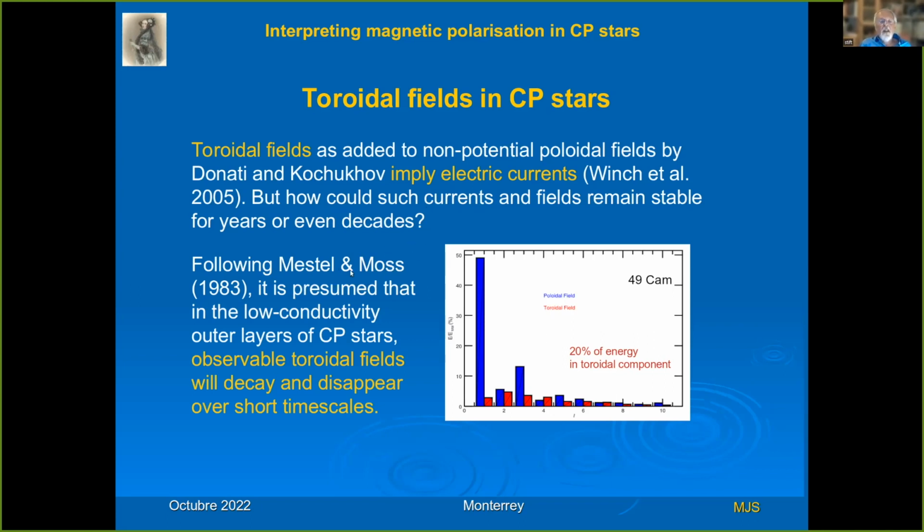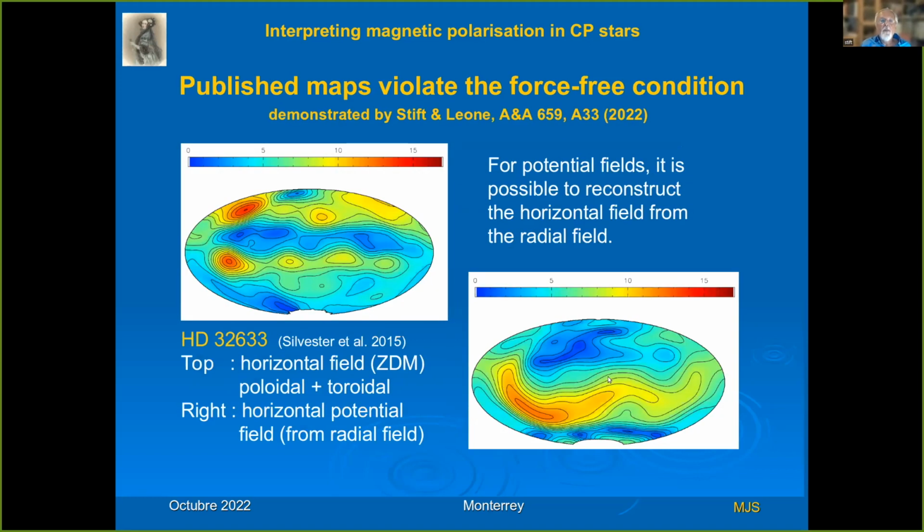And Mestel and Moss, they presumed that the observable toroidal fields will decay and disappear over very short time scales. And for example, when you find published results in 53 CAM that 20% of the energy is in the toroidal component, that again looks quite unphysical.